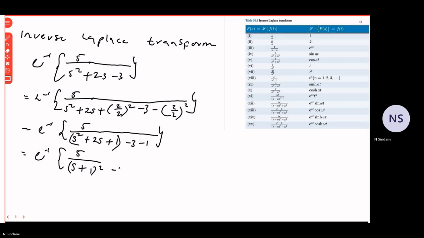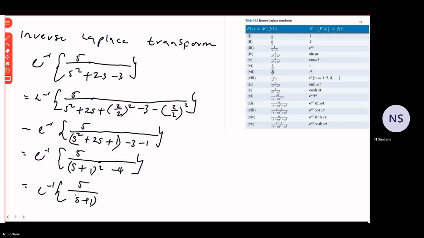So this will be the Laplace inverse of 5 over s plus 1 squared minus 2 squared.